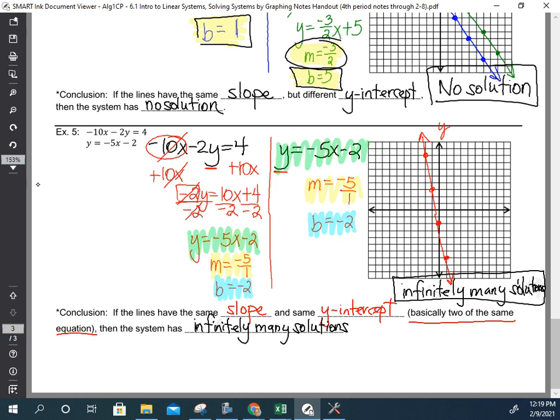Any questions on example 5, before we take a look at your IXL that goes with graphing? All right, so let's take a look at the IXL that goes with graphing.